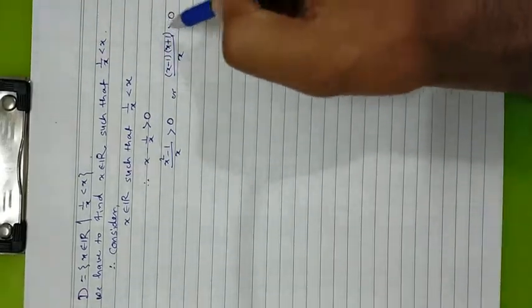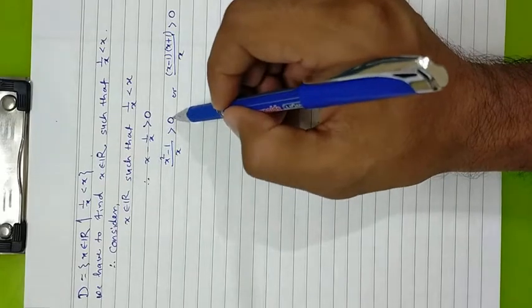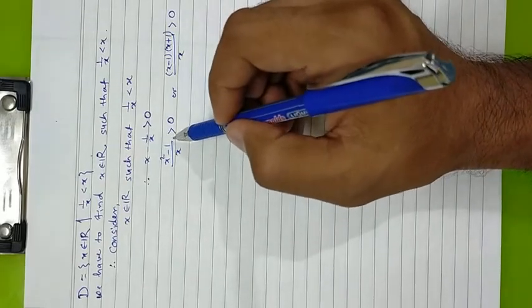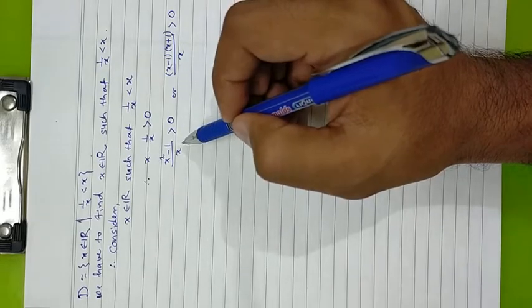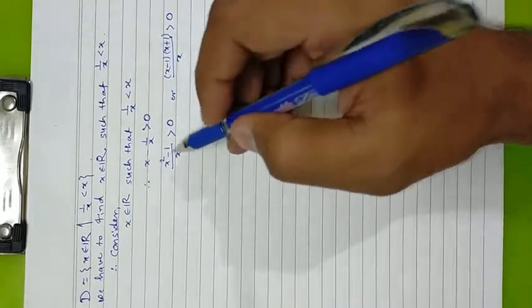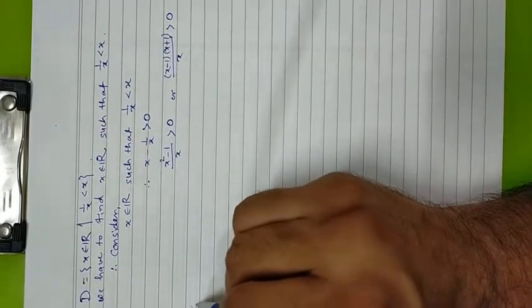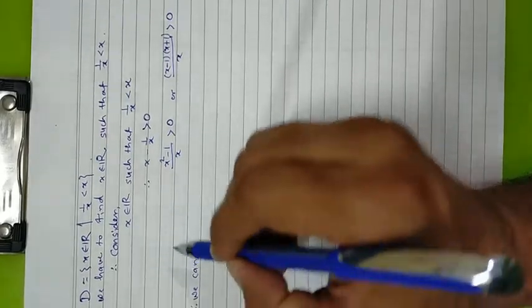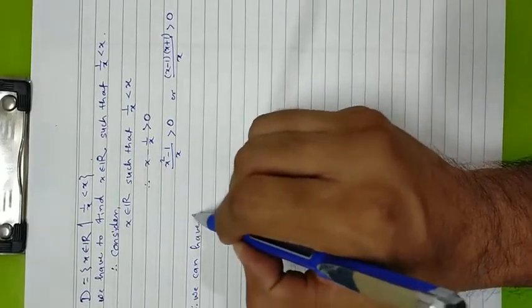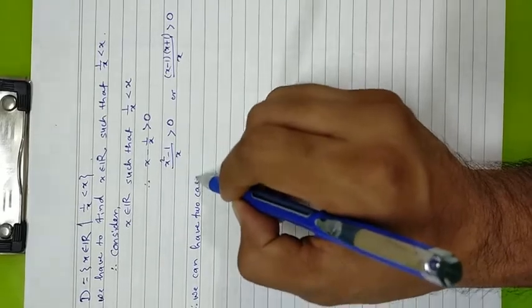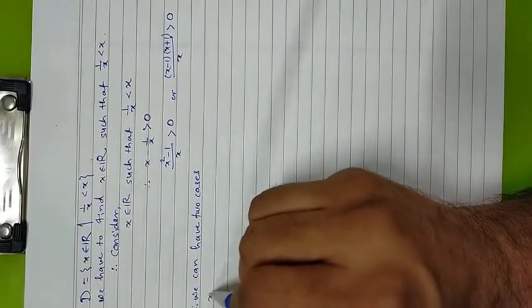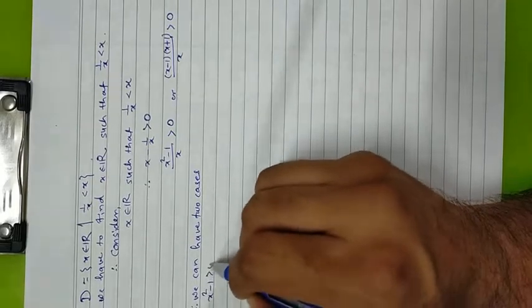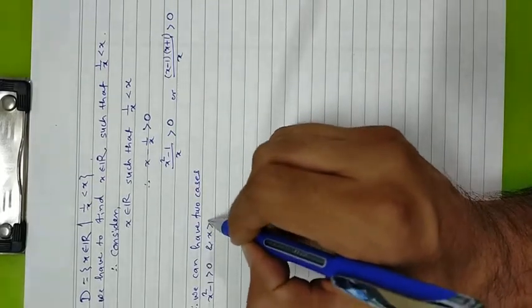And it says that a ratio of two quantities is positive when both numerator and denominator are positive or both numerator and denominator are negative. Therefore we can have two cases. Both numerator and denominator can be positive. X square minus 1 is positive and x is positive.